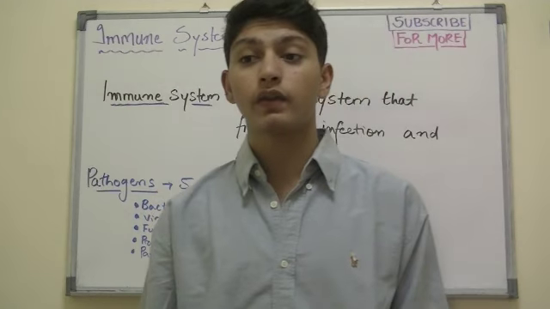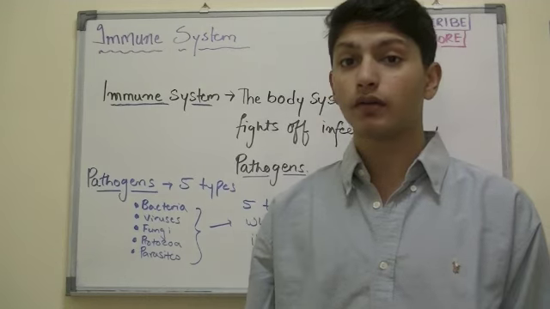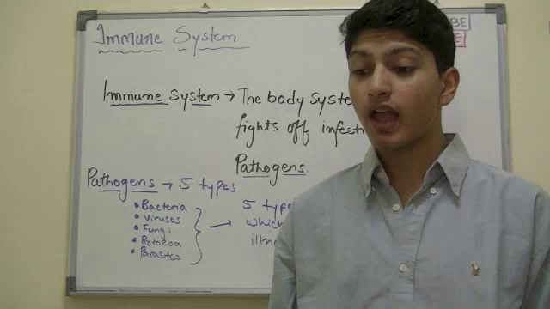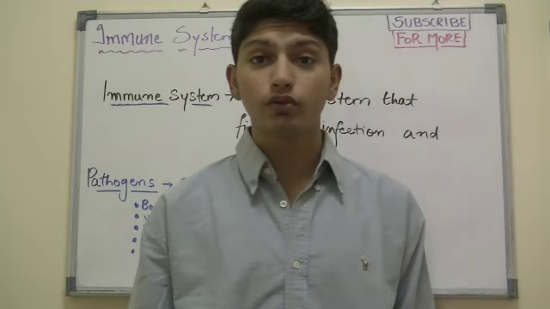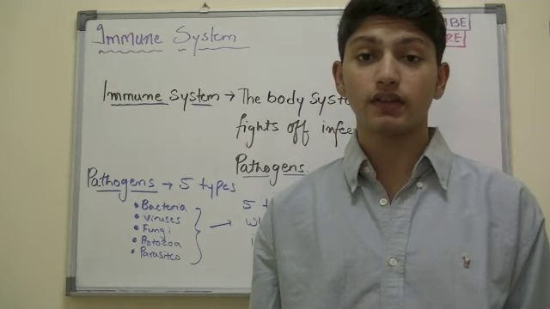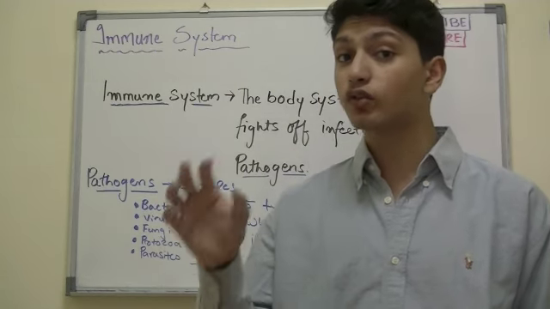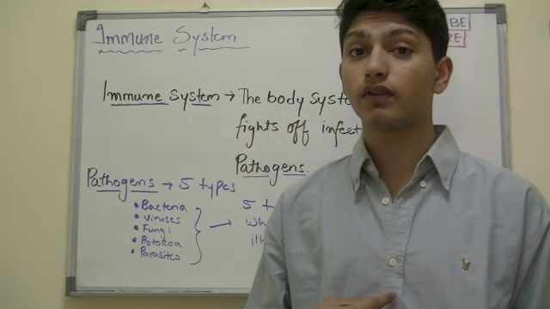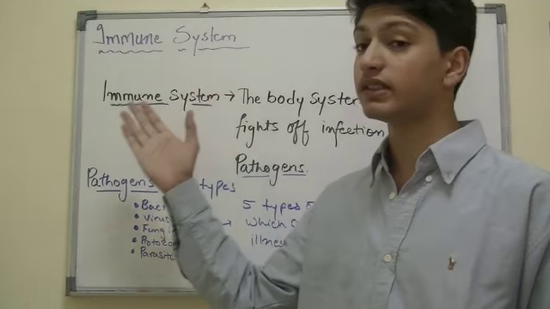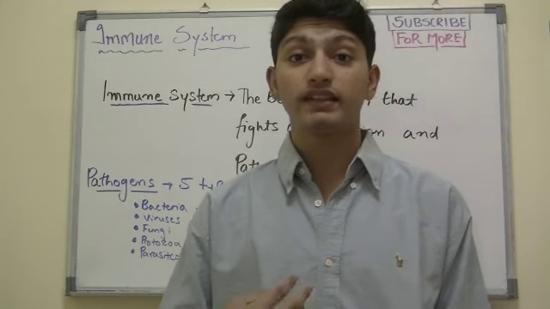But it turns out that in biology, there are 5 different types of diseases. What we'll do here is discuss not only the 5 different types of disease, but also how those diseases get into our body, and how the immune system in the body works, and how we get sick.